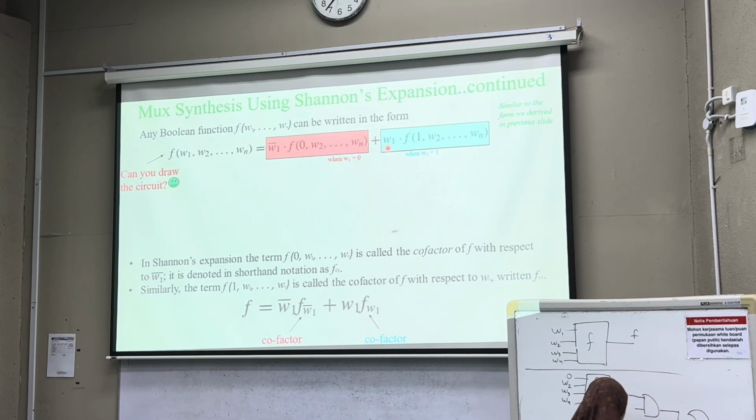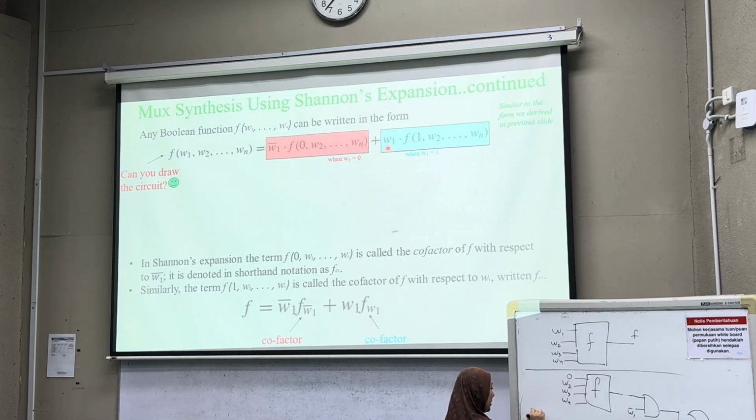So that's my F. Here for this one it can be W1 bar, so this can be W1 bar, and on this one is W. So W is 1.